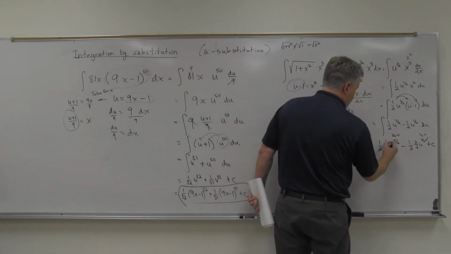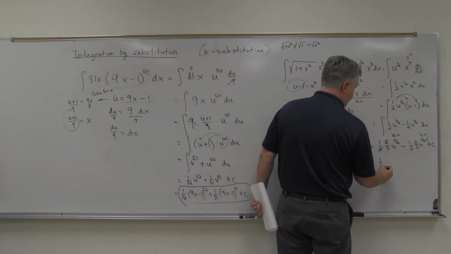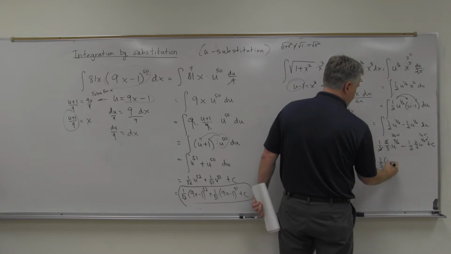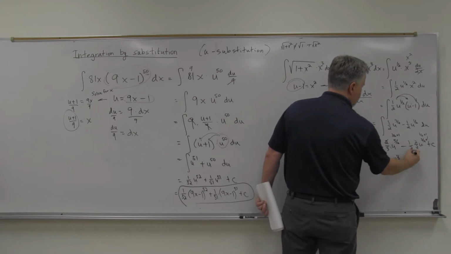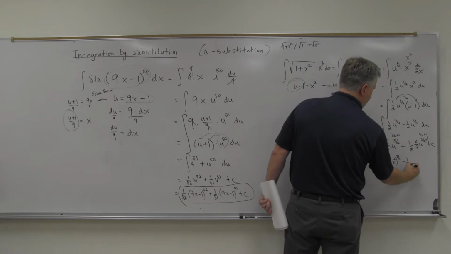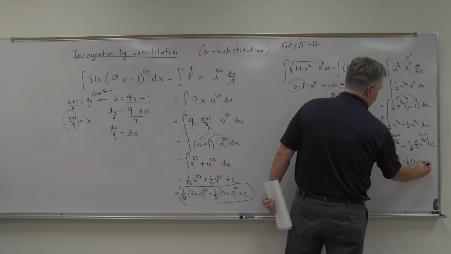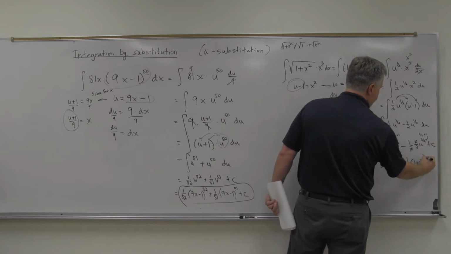All right, the 2's will cancel, so I have 1/5. And then u is 1 plus x squared, so it'd be 1 plus x squared to the 5/2. The 2's cancel there also, so it'd be minus 1/3. u is 1 plus x squared, to the 3/2.